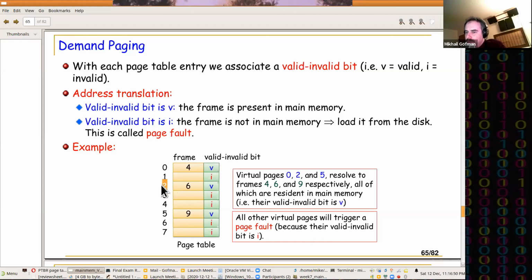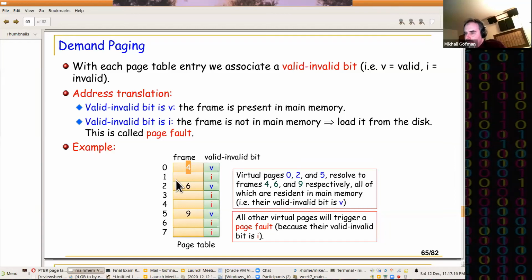Same thing with page 2, which has an associated physical frame of 6, and page 5, which has an associated physical frame of 9. So if the process tries to access page 0, we see that it's set to valid, so we just grab the corresponding physical frame.